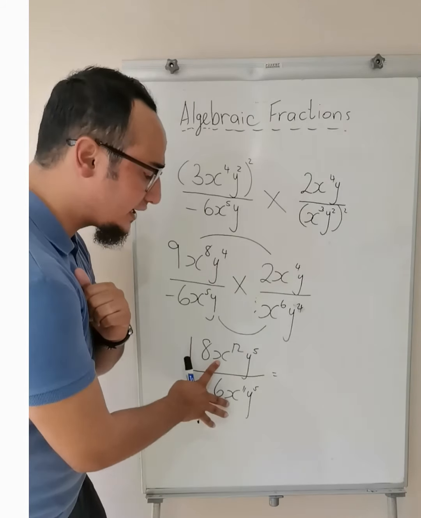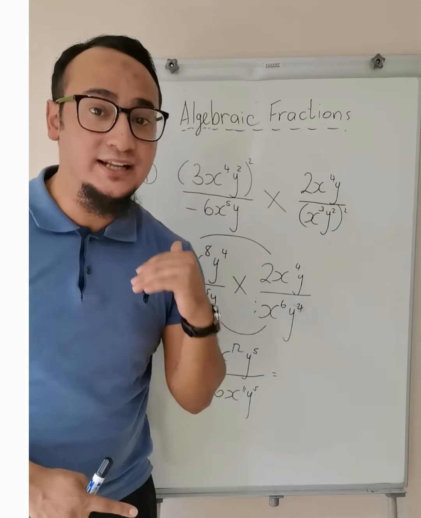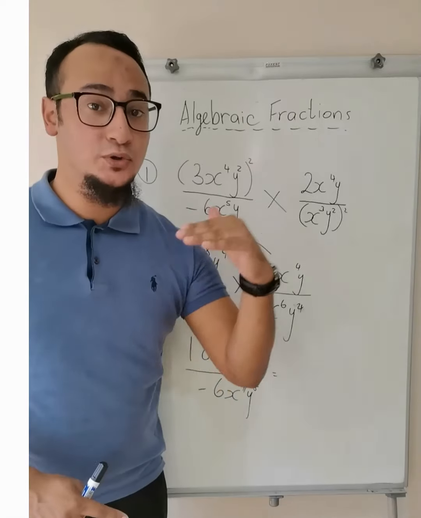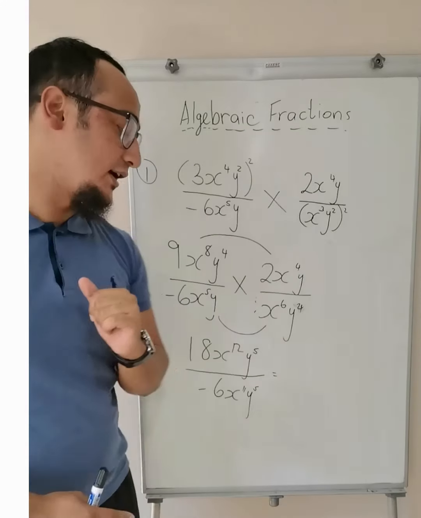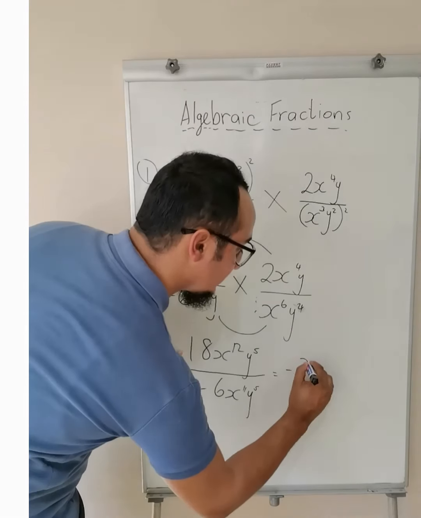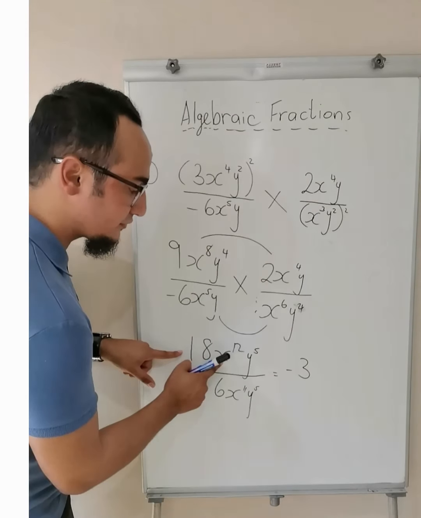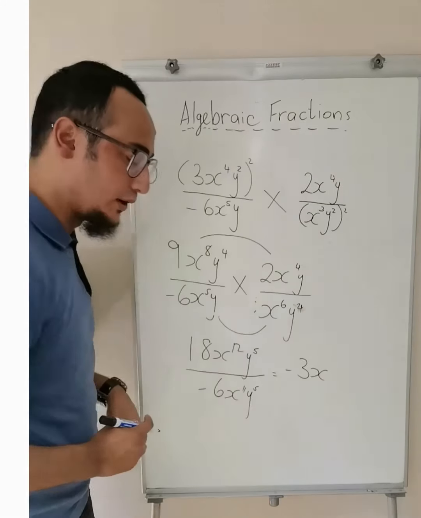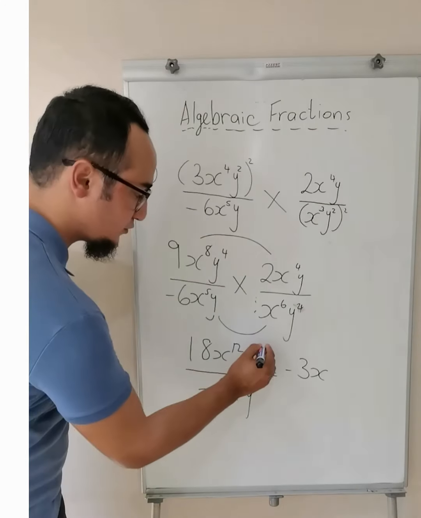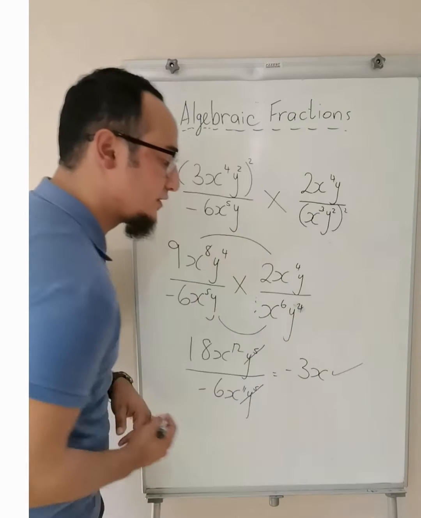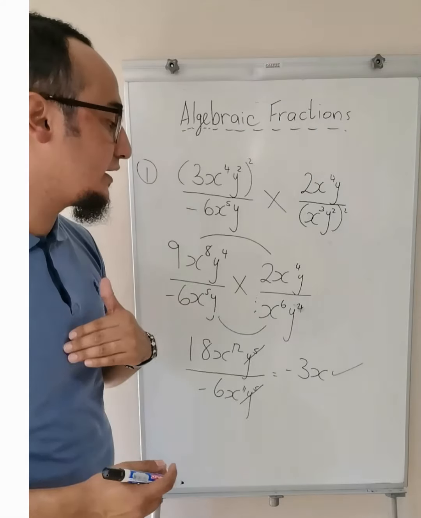And then when I'm dividing my letters, the corresponding letters, it is law number 2 of exponents, whereby my exponents will subtract when I divide. So 18 divided by negative 6 is equal to negative 3. X to the power of 12 divided by x to the power of 11 is equal to x to the power of 1. And these two divide out, and this is my answer, negative 3x squared.